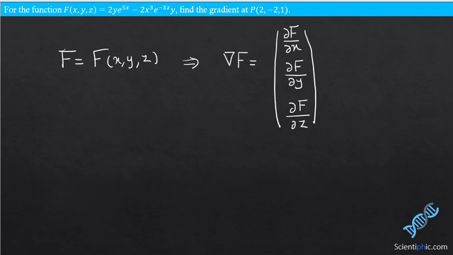So it's going to be a vector with its first component being the partial derivative of the function with respect to x, the second component being the partial derivative of f with respect to y, and finally the third component being the partial derivative of f with respect to z.